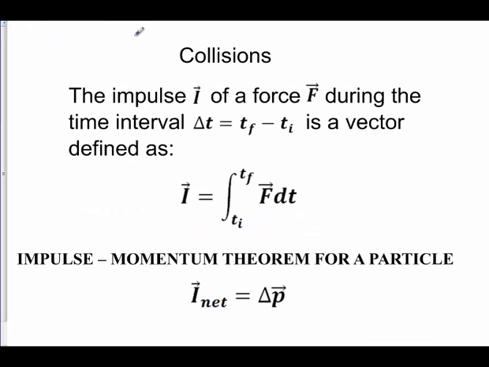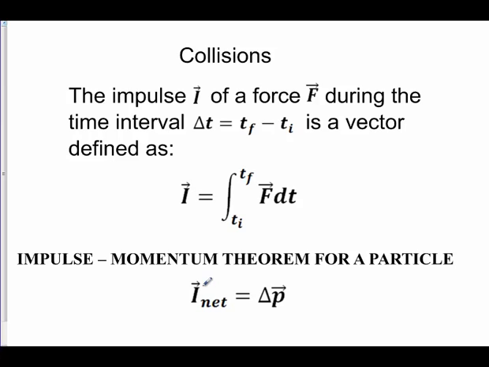The mathematical definition of impulse is the integral from the initial time of impact to the final time of impact of force times dt. So basically, the impulse is the area under the curve between t_i and t_f of F dt.